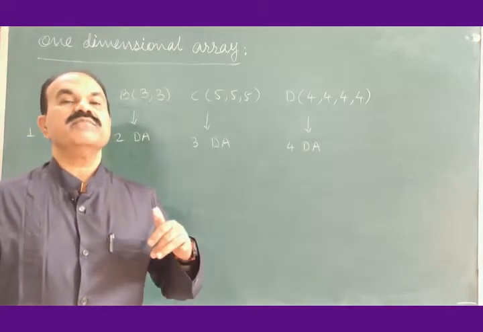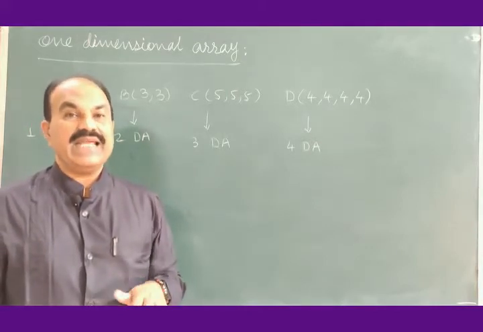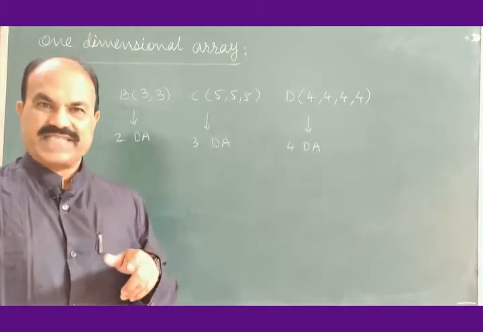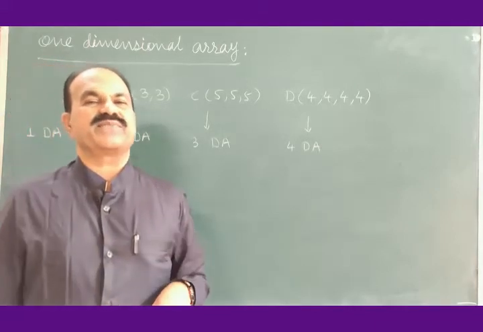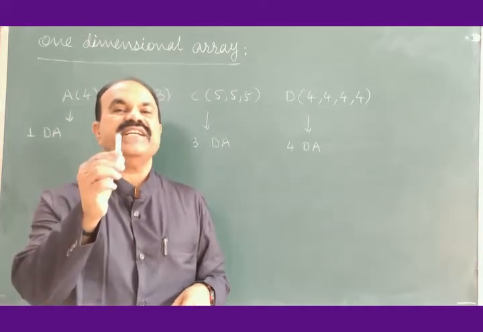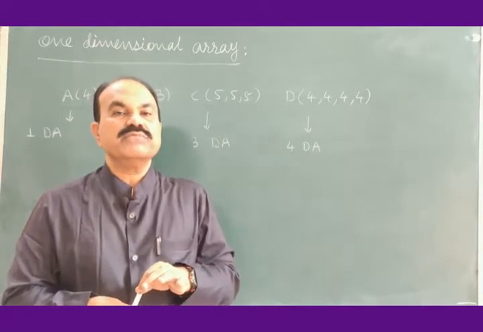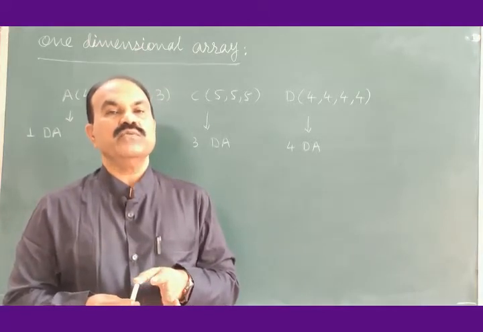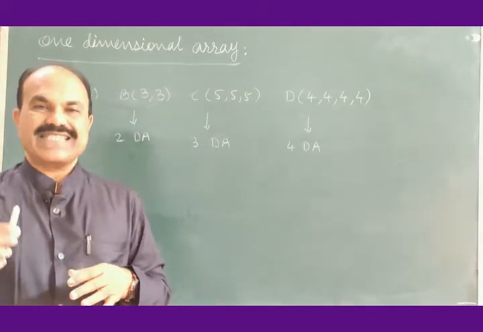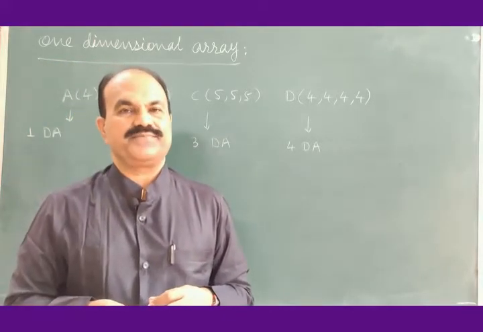Some Fortran compilers allow real numbers, but the real numbers will be truncated to integer, and therefore in Fortran we always use integer numbers for subscripts of a subscripted variable.